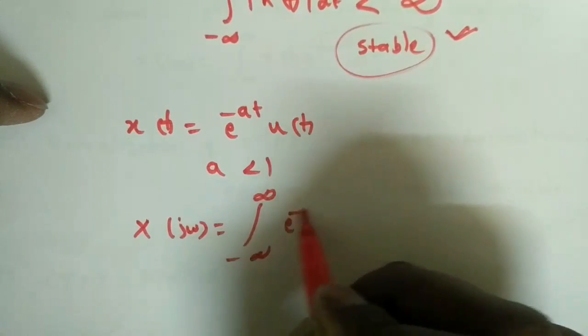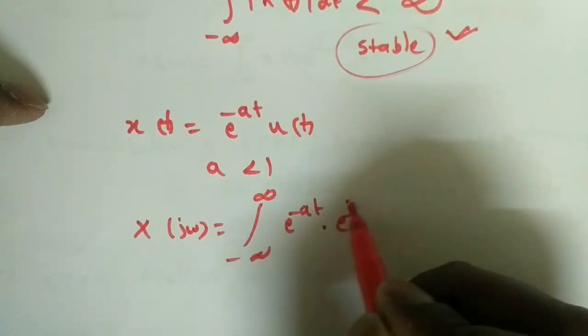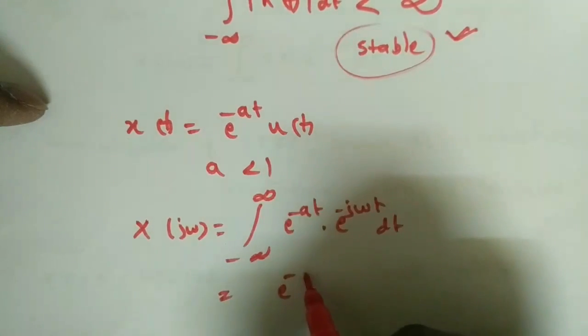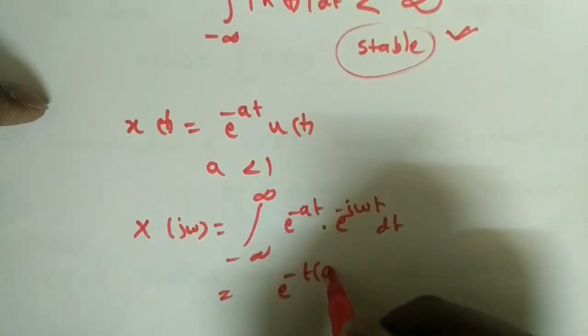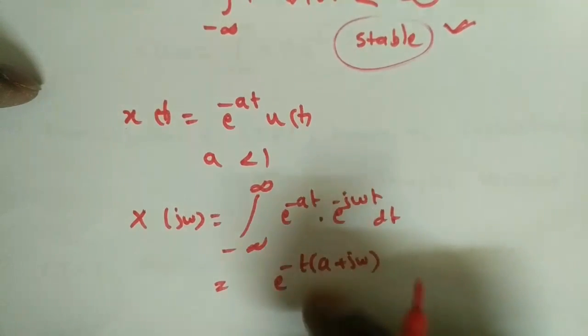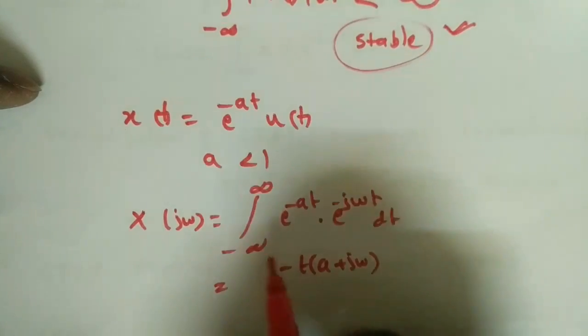Here e power minus at into e power minus j omega t becomes e power minus of t times a plus j omega. Now a plus j omega should have a positive real part to converge.